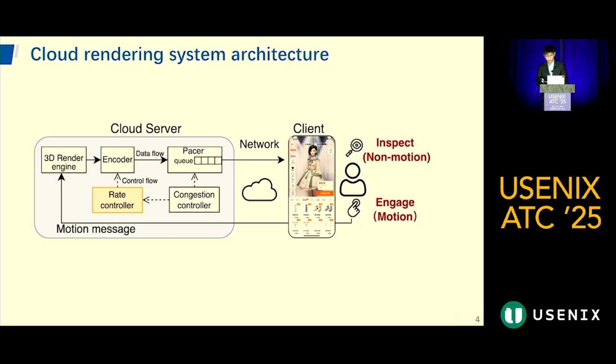The resulting video frames are then sent out via a pacer, and the congestion controller estimates the available bandwidth to avoid overwhelming the network. Our work focuses on the rate controller, which is the yellow box. It takes the bandwidth estimate and decides the target encoding bitrate, directly impacting the final trade-off between quality and latency.